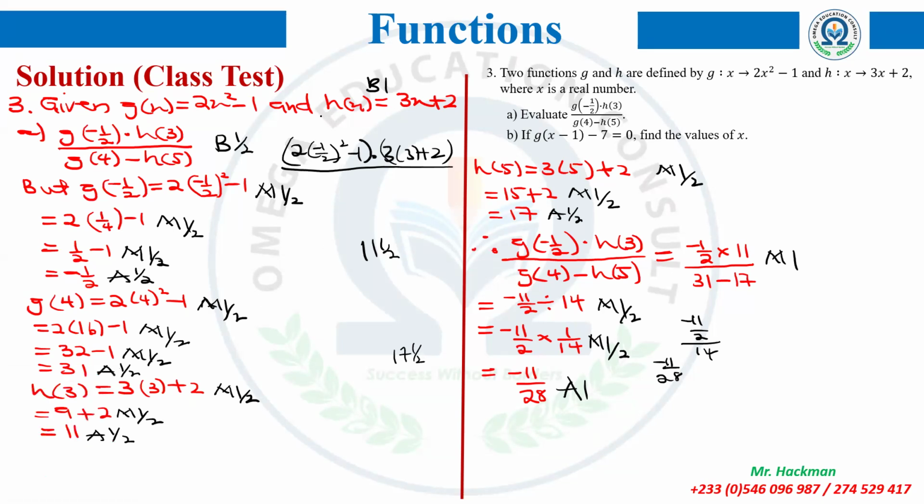Please take note. Here, this is supposed to be the square bracket. That's the matured way, because you have inner brackets, ordinary brackets, so square brackets. Then the denominator, G of 4, will give you 2 into 4 squared, then minus 1. Just you have 2 terms, so you put it in brackets, square bracket.